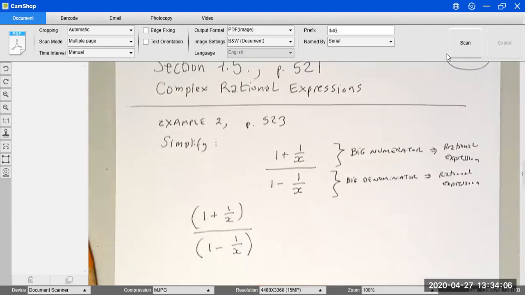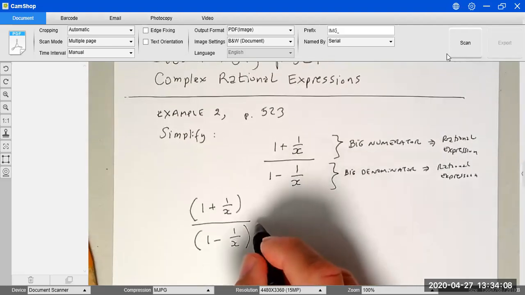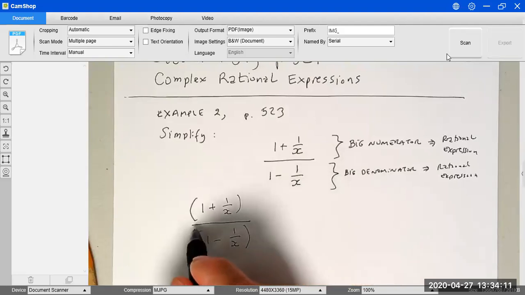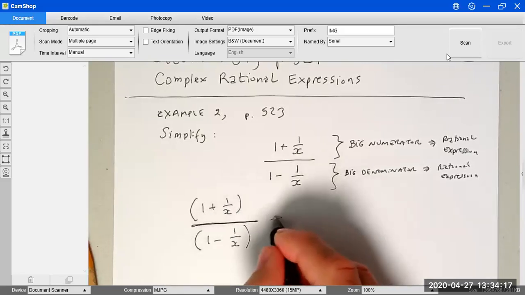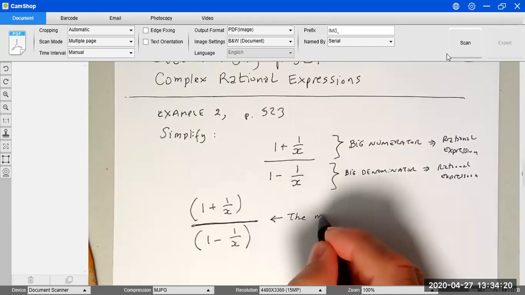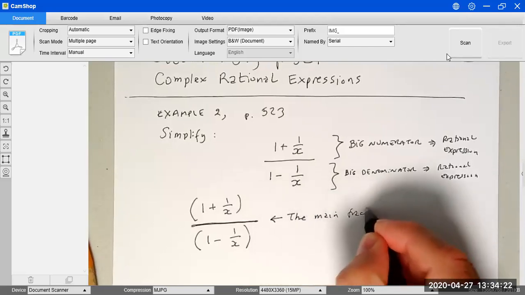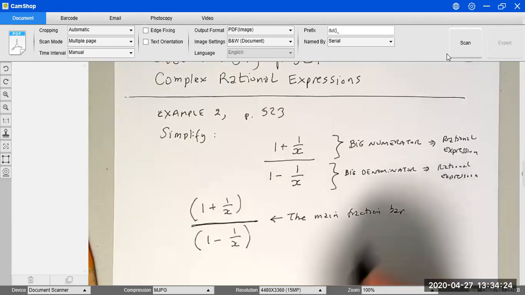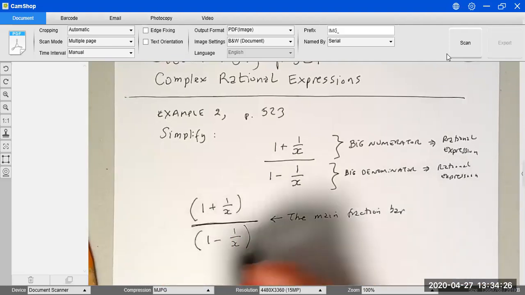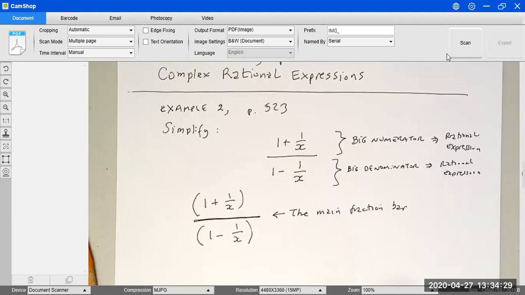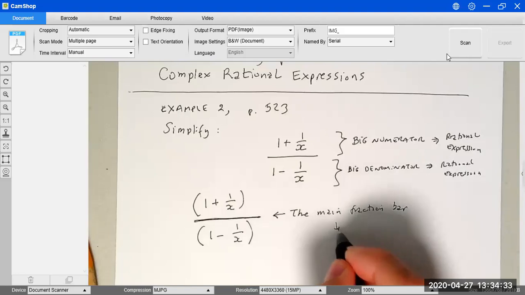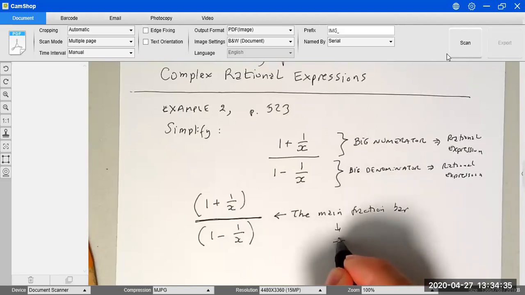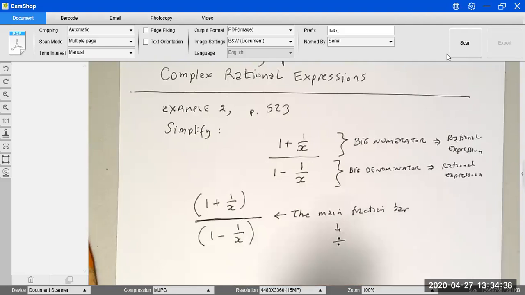The next thing that we're going to do is use different notation. You identify the main fraction bar. This is the main fraction bar. We're going to rewrite the complex rational expression by replacing the main fraction bar with the symbol that we have used before for a division.